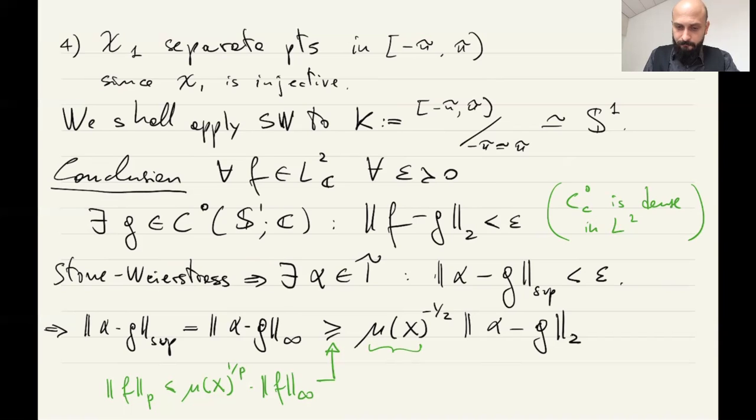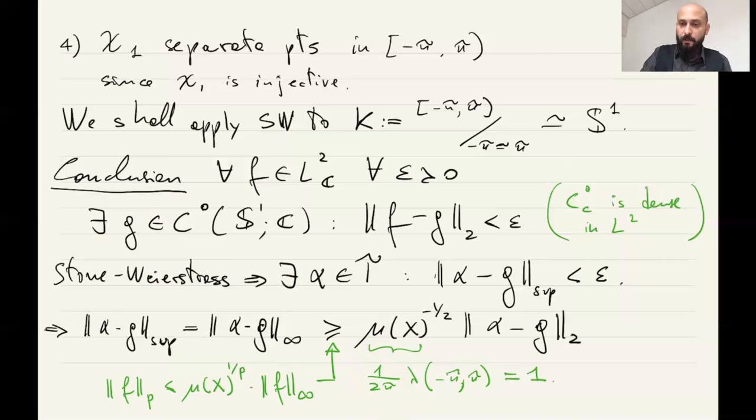But as measure, we are considering 1 over 2 pi times the Lebesgue measure of the space minus pi to pi. Actually, we decided to normalize exactly to have a probability measure, in such a way that the space has measure 1.